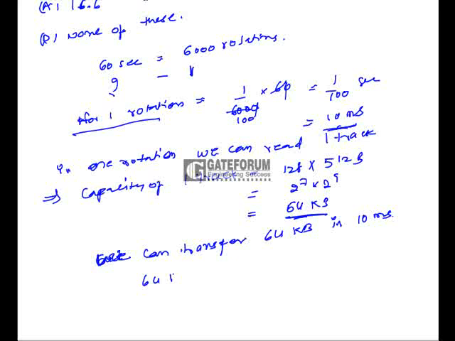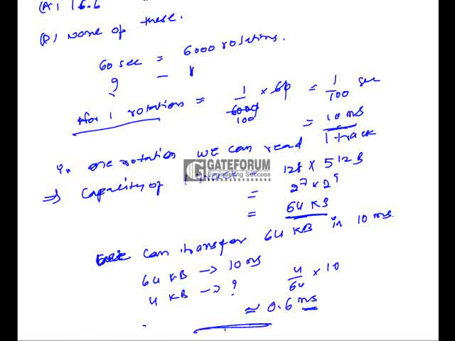So 64 KB takes 10 milliseconds, then 4 KB takes how much time? This is 4 by 64 into 10, which is approximately 0.6 milliseconds. That is the transfer time.